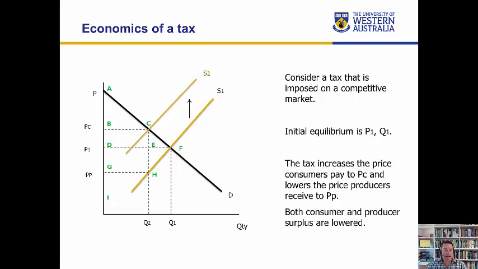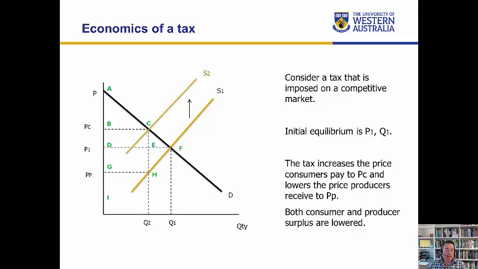Okay, so PP, the tax has been paid, the tax is out of the way now in terms of the producers. They get to keep PP, and because the tax is now off our hands in a sense, we sort of revert back to S1 as the supply curve that we use to calculate the producer surplus. So producer surplus is GHI.